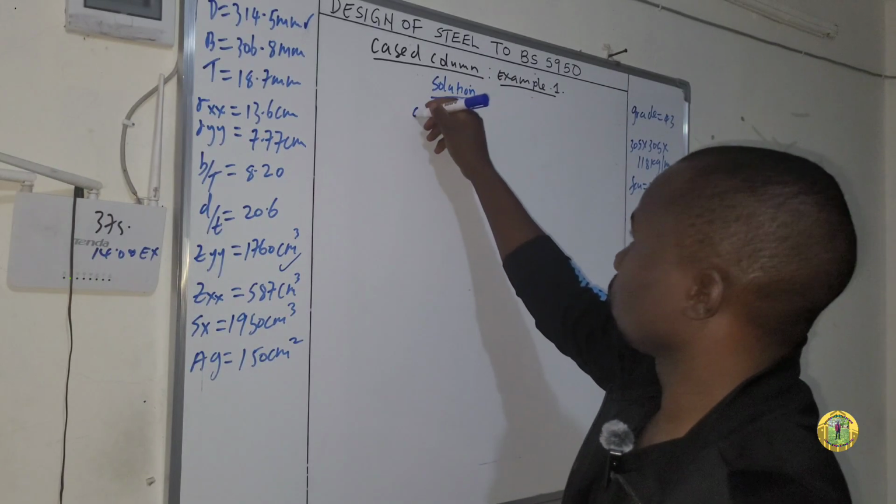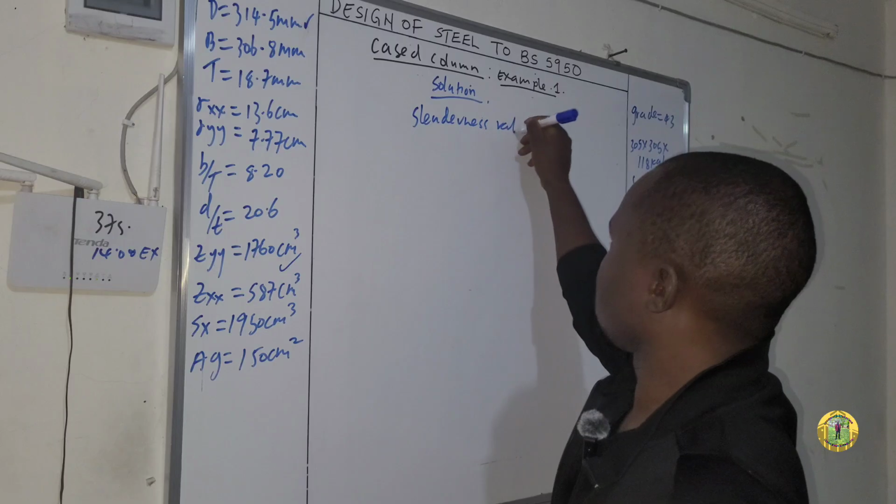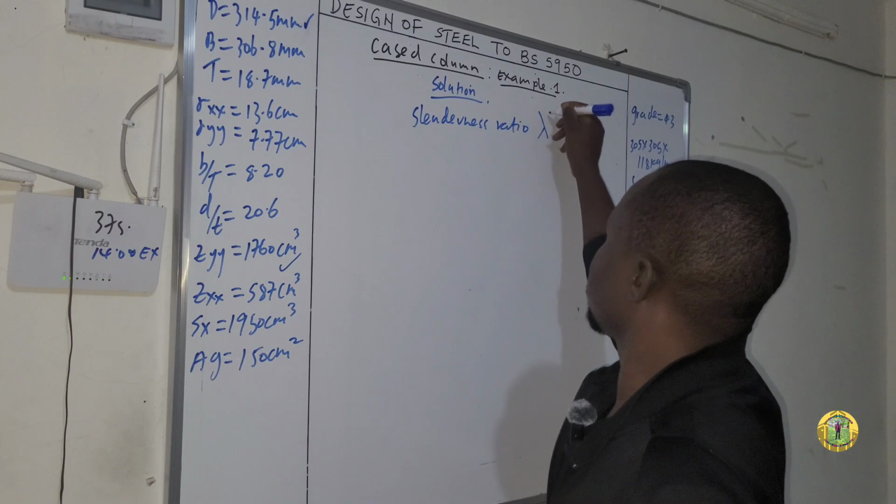Slenderness ratio is symbolized by lambda.